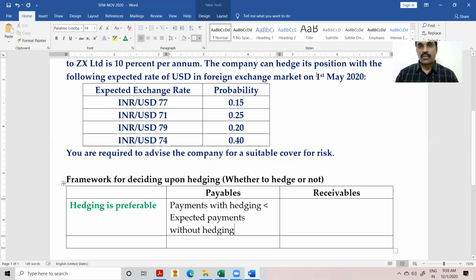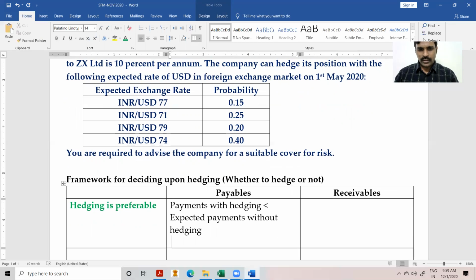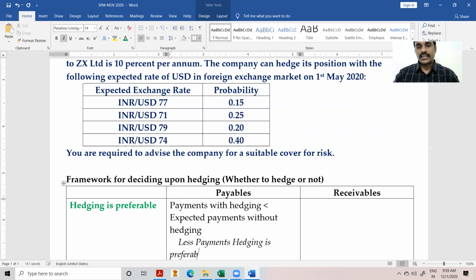Less payments, hedging is preferable. Hedging is preferable because of less payments.